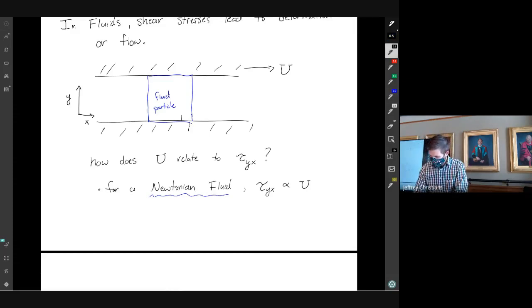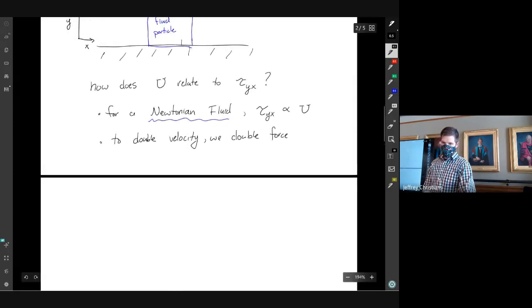So what that means is to double the velocity, we double the applied force. Okay.